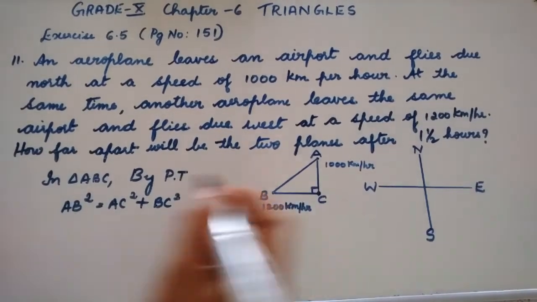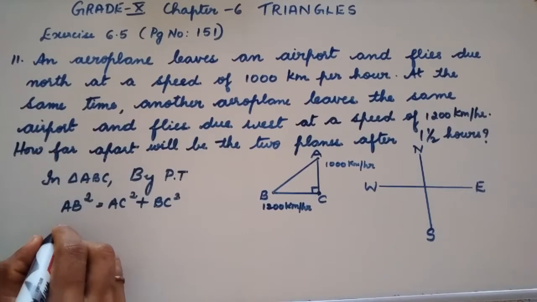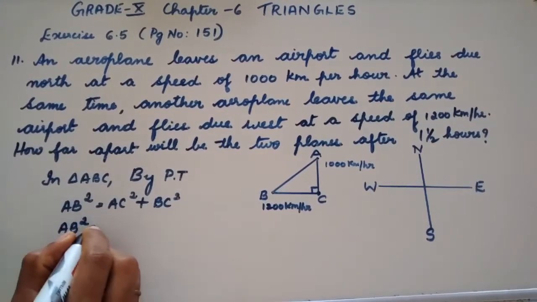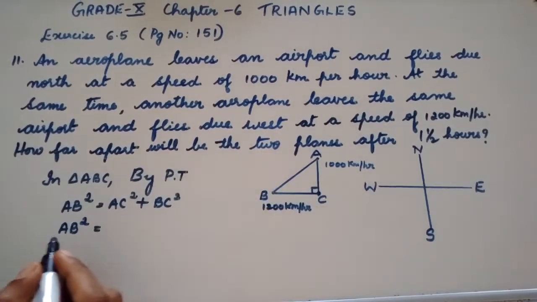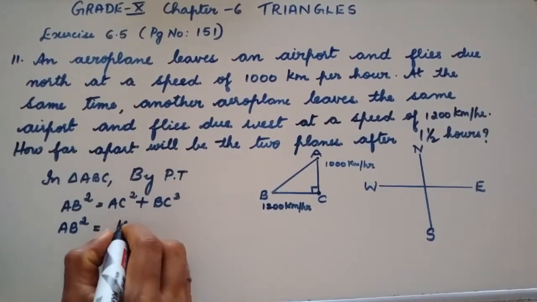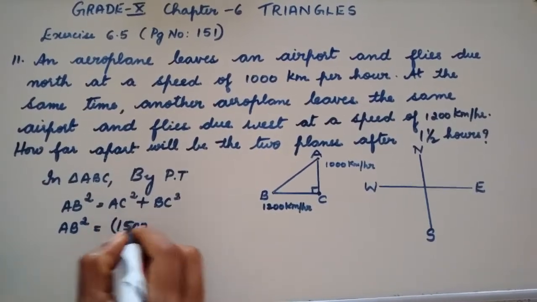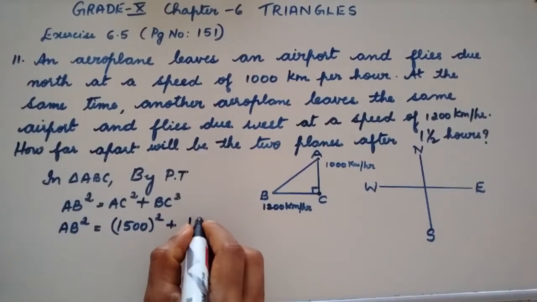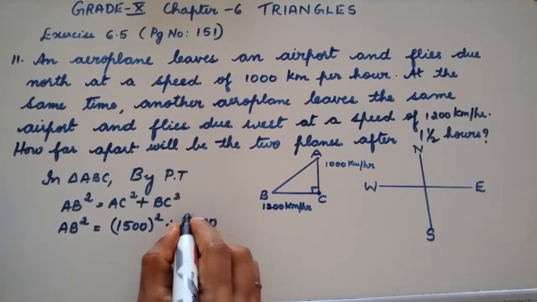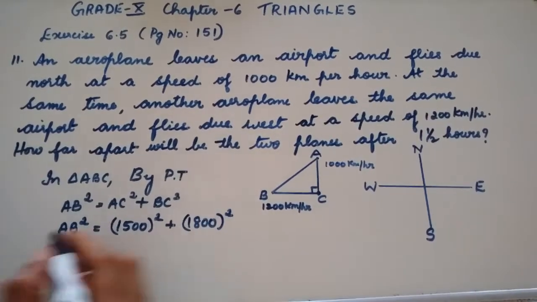So we need to find AB. So let us write AB as it is, which is equal to AC. What is AC? The distance is 1500 to the whole square plus BC is 1800 to the whole square.